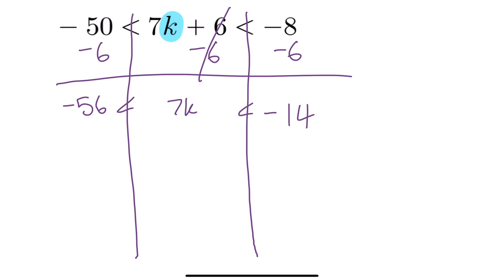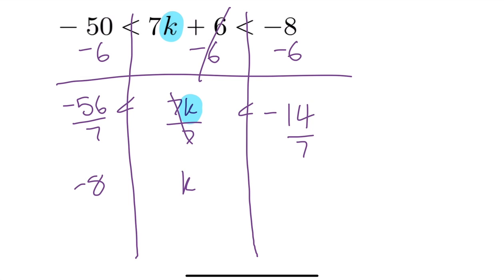All right, still want k by itself. So I'm going to get rid of that 7 now. So I'm going to divide by 7 on all 3 sides here. All right, so I'm going to have negative 56 divided by 7. That is going to be negative 8. We just have a k left in the middle.